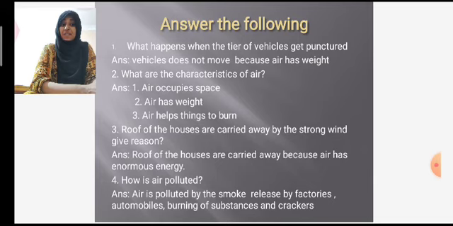Burning of substances and crackers also pollutes air. These are a few things by which air gets polluted: release of smoke in the industries, automobiles, burning of substances and crackers.